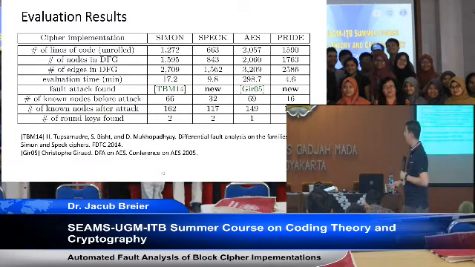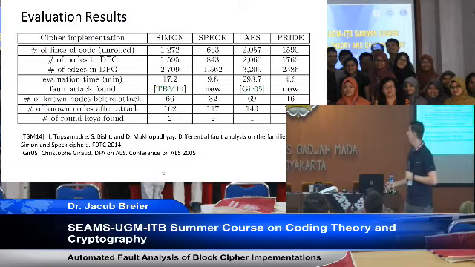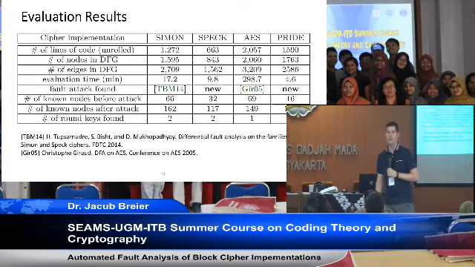We were running it for 4 algorithms. Simon and Speck are the newest lightweight algorithms from NSA. PRIDE is another lightweight algorithm. AES, I suppose you know. It's a current NIST standard for symmetric crypto.